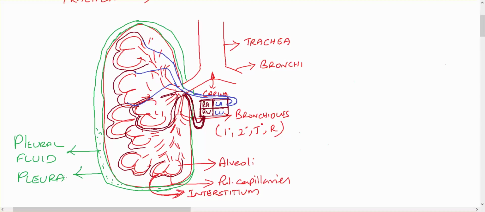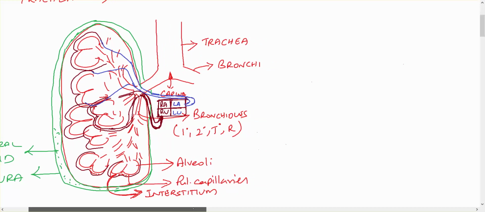Now these are the structures related to the lower respiratory tract, and now let us discuss the histology of these structures. What I am going to do is cut the trachea. If I cut the trachea, it looks like a pipe, right?